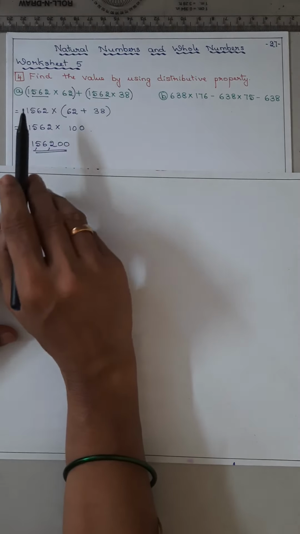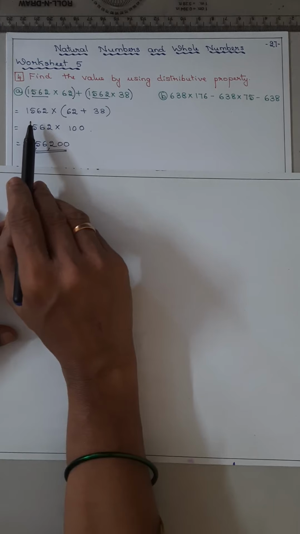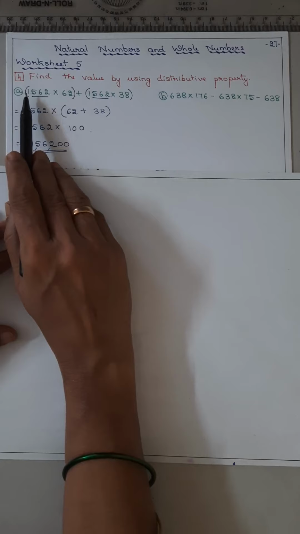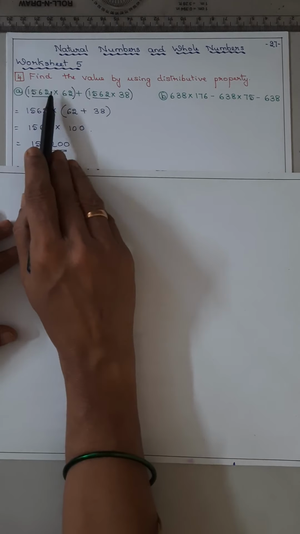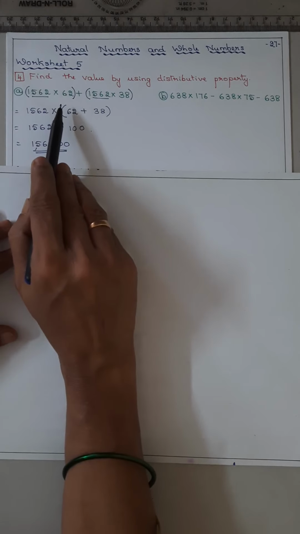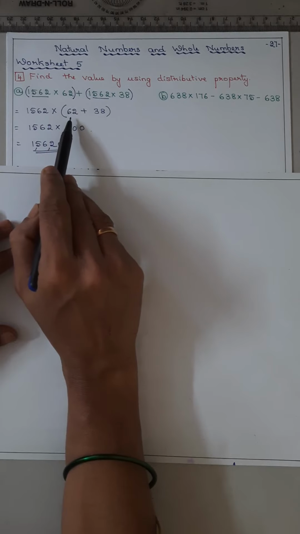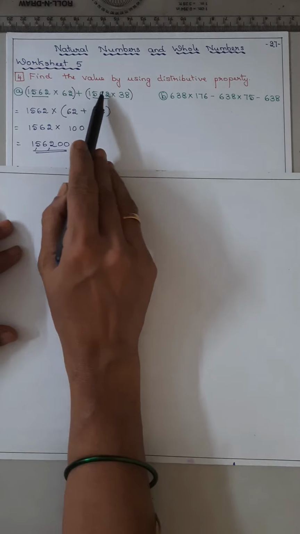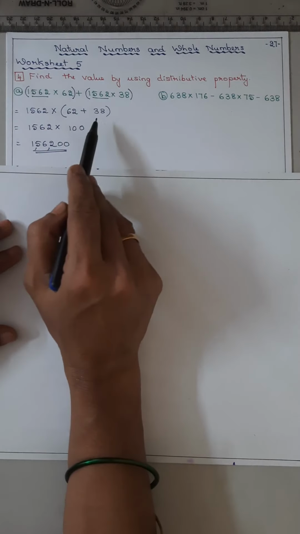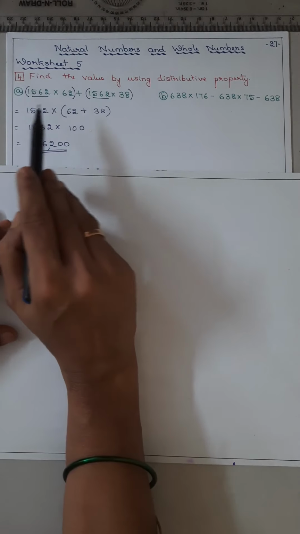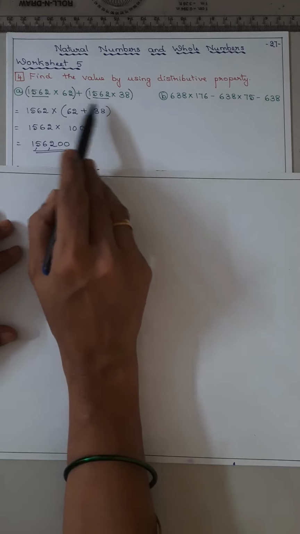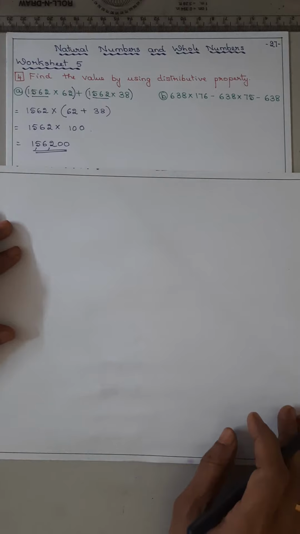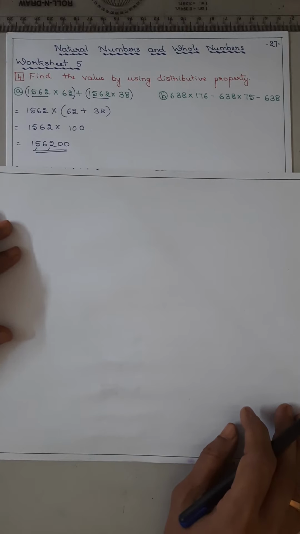So write 1562, then put the multiplication sign. फिर ये ग्रुप में क्या बचा है? 62. फिर इधर प्लस, इधर क्या बचा है? 1562 बाहर लेंगे तो 38 बचा है. अभी 1562 इंटू ये दोनों को ऐड करो, फिर मल्टीप्लिकेशन. Hope you have understood this.